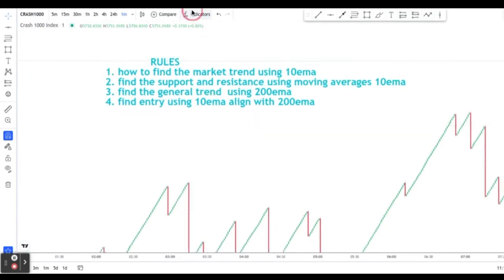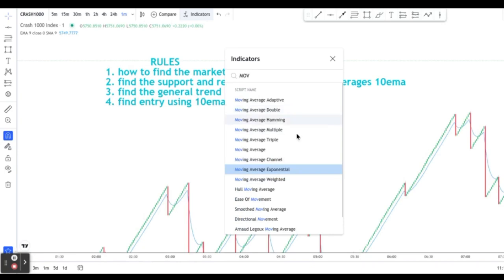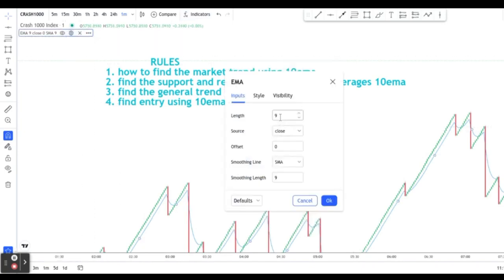If you are using MetaTrader 5, you know how to add moving average to your chart. So I'm going to show you the details. I've added the moving average. In the period, put 10. It's written length here. In your MetaTrader 4, it will write period, put 10.